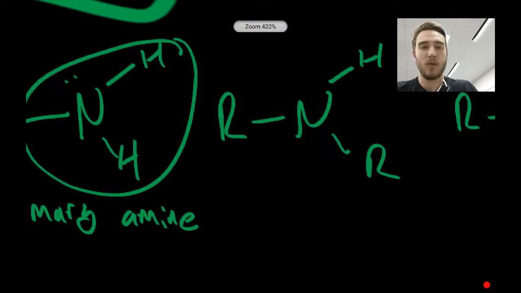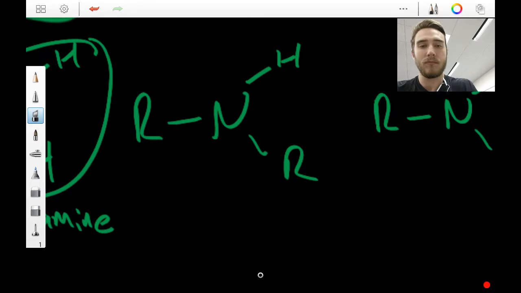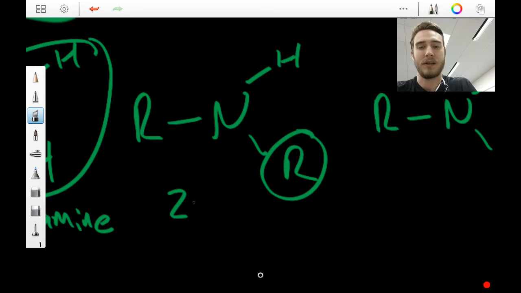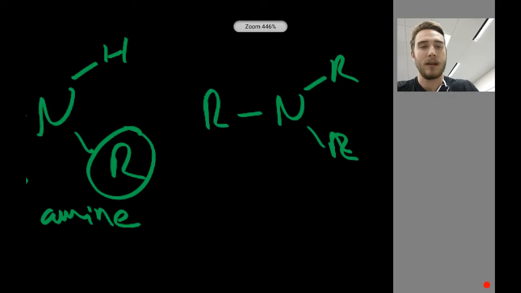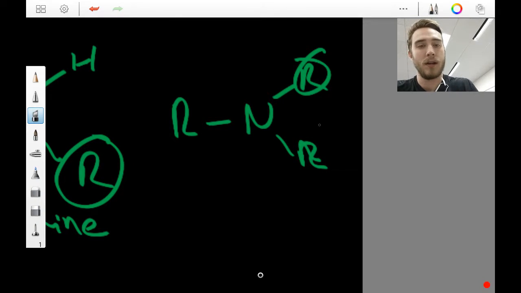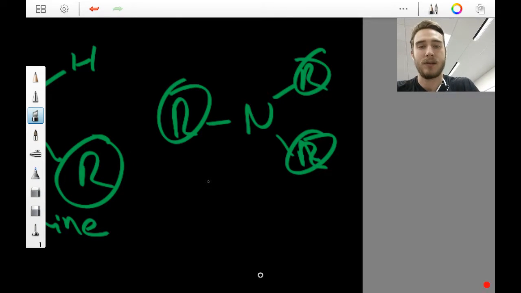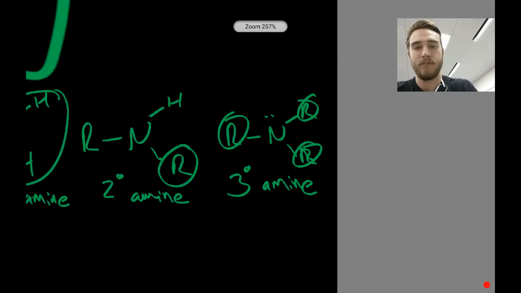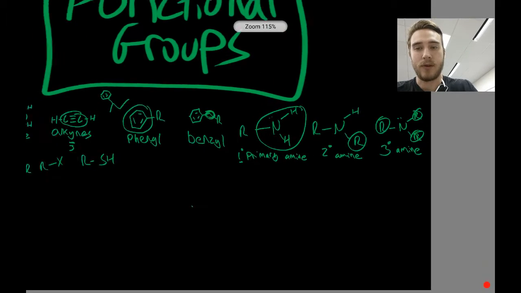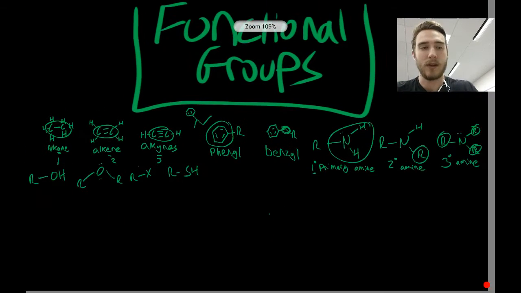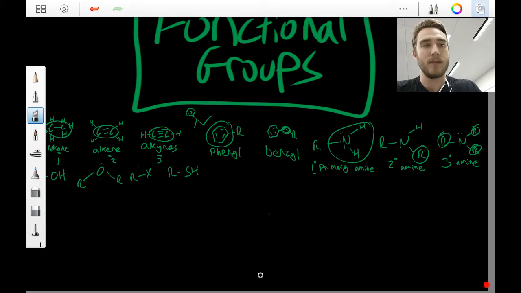When we substitute one of those H's with another carbon chain designated as R, we'd call this a secondary amine. And finally, if there's three carbon groups attached to the end, we call this a tertiary amine. Okay, easy enough. Increasing the number of carbon groups, we increase the number that we call it.